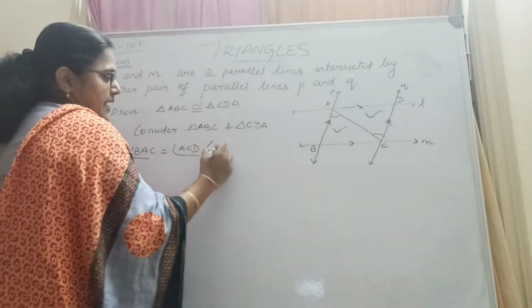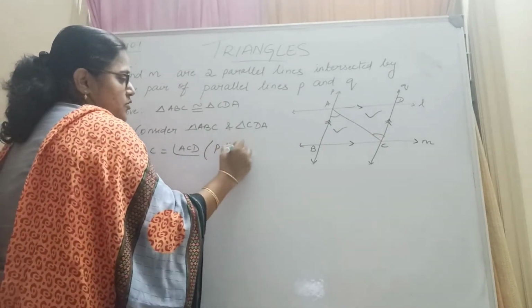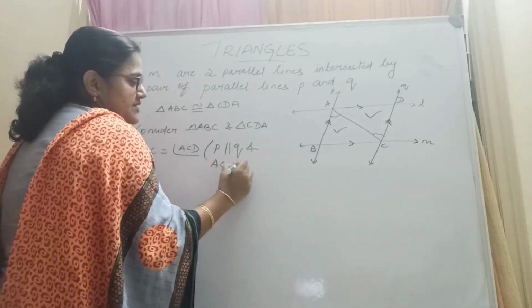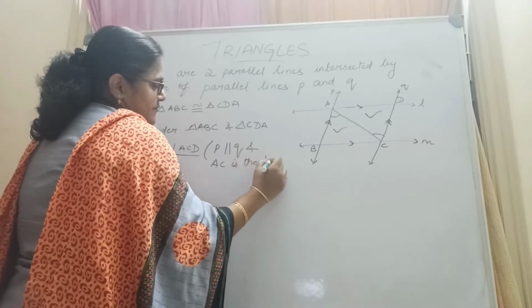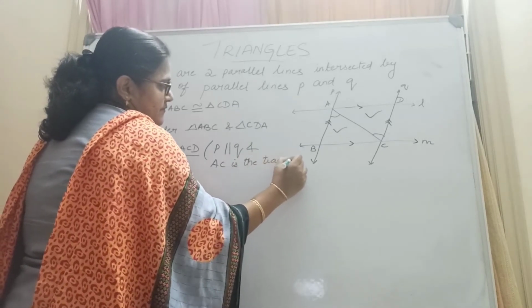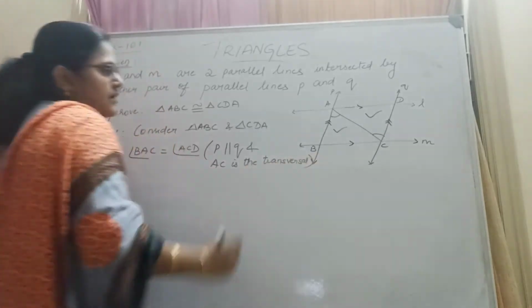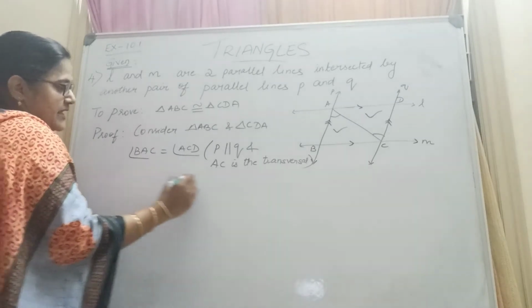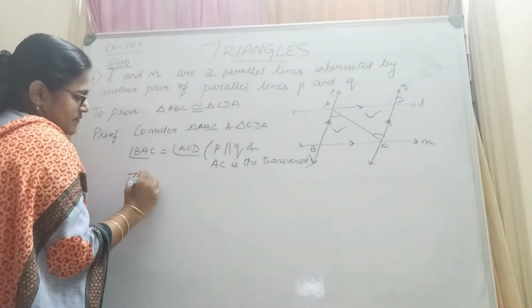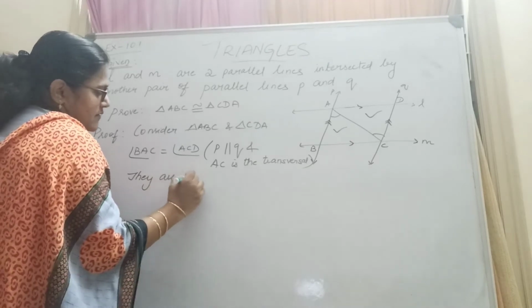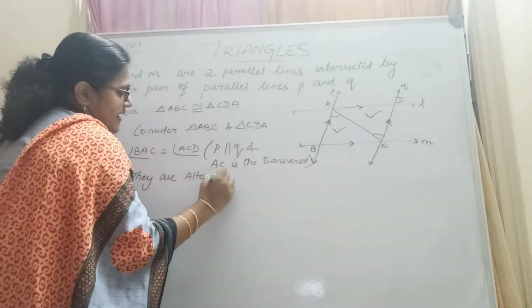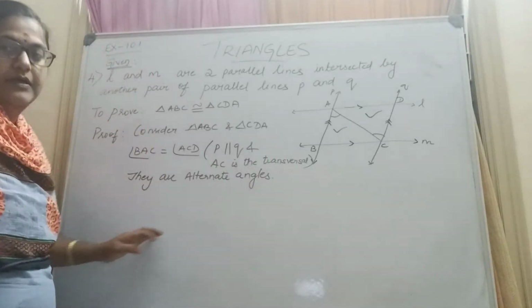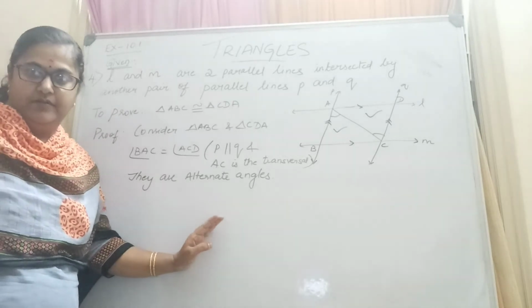Because the line P is parallel to line Q and AC is the transversal. So they are alternate angles. Alternate angles are equal if two lines are parallel to each other. That you have learned in the lines and angles chapter, right?